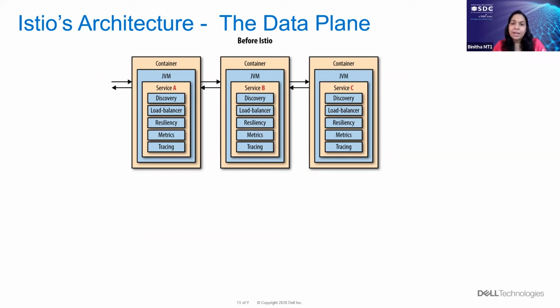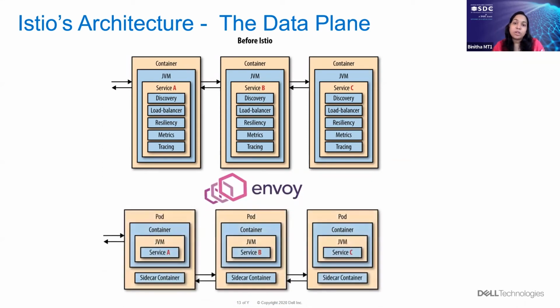Now, if one of the logic inside the service goes for a toss, there are very high chances that your whole application might go for a toss. So it used to be pretty difficult. And remember, whatever you write should be consistent and concurrent across all the services. Otherwise, there will be issues with compatibility.